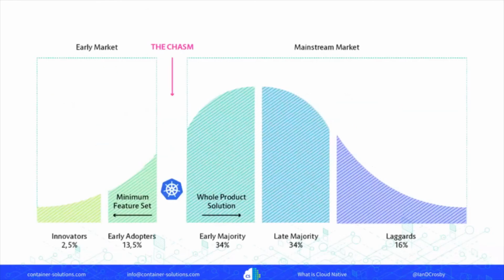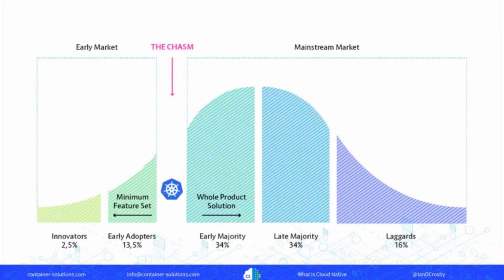I did a few talks last year talking about Kubernetes specifically and its attempt to cross the chasm. If anybody's not familiar with the idea of crossing the chasm, it comes from the marketing world. Essentially, when a new technology comes in, there are early adopters and innovators who take it on. Then getting to the actual mainstream can be quite difficult, and there are a lot of famous technologies which have not made it.